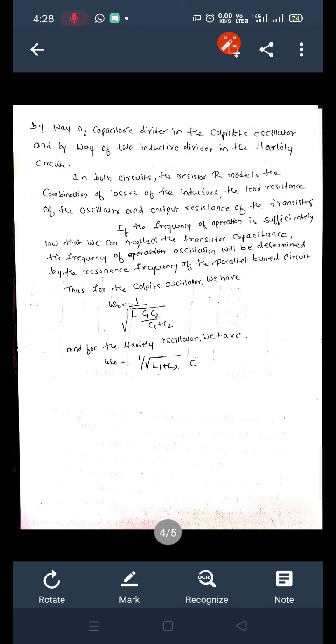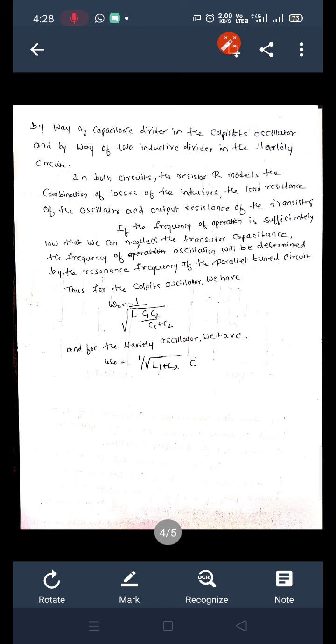If the frequency of operation is sufficiently low, then we can neglect the transistor capacitance. The frequency of oscillation will be determined by the resonance frequency of the parallel tuned circuits.